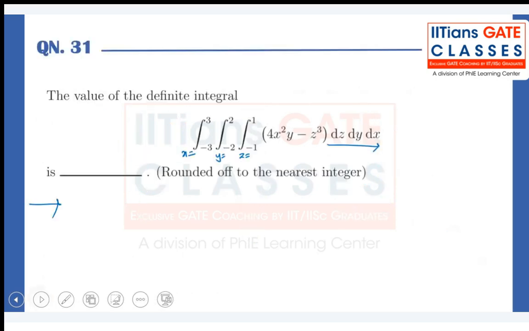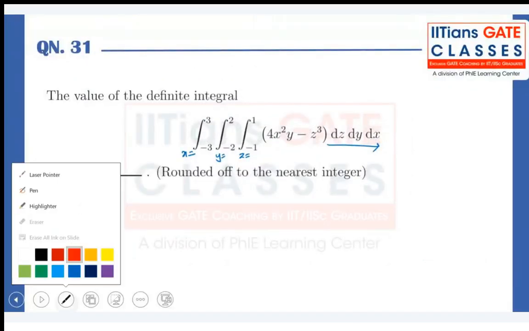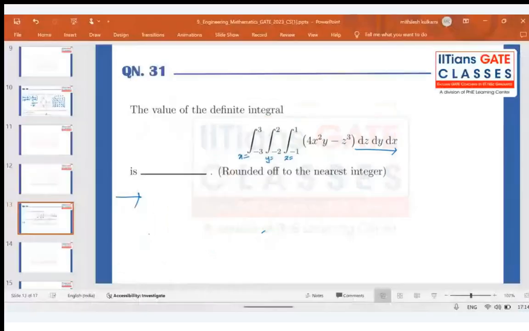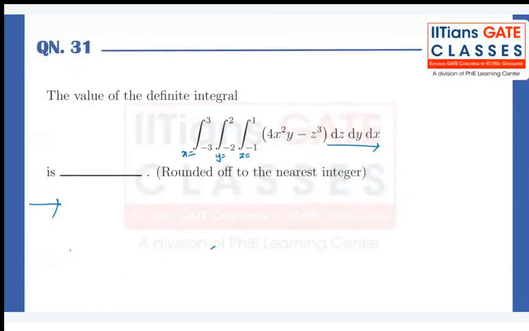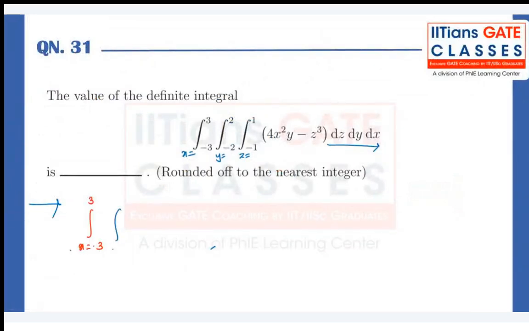So we can say the integration x is equal to minus 3 to 3, integration y is equal to minus 2 to 2, and the integration of the given function with respect to z is 4x square y as it is, the integration of 1 is z, minus z raised to the power 4 by 4, and you put the limits minus 1 to 1, dy dx.